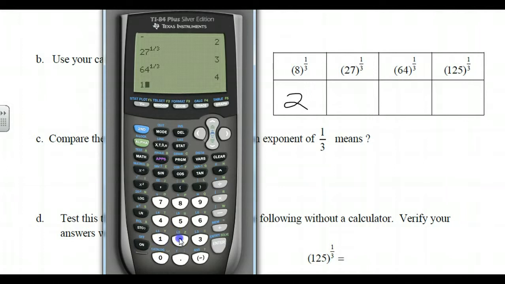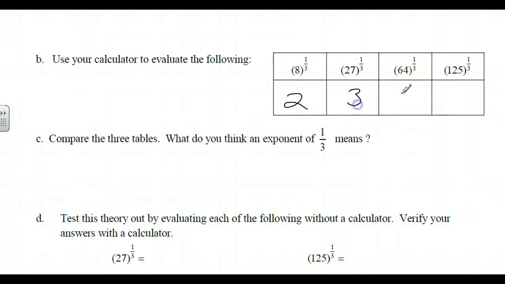And 125 to the power of 1/3. So 3, 4, and 5.